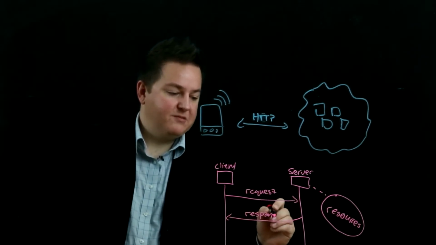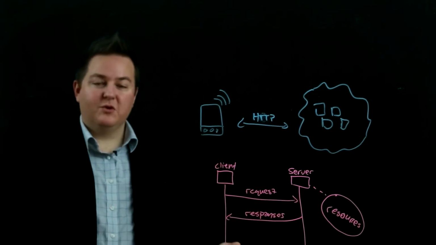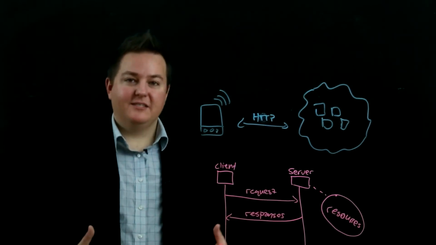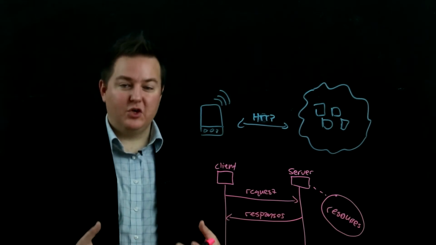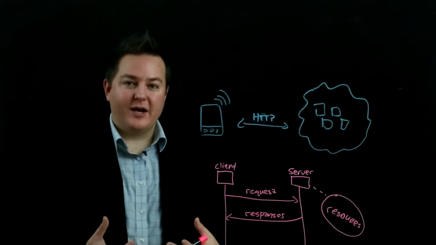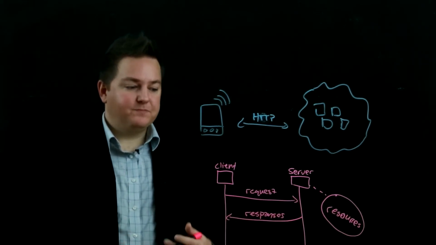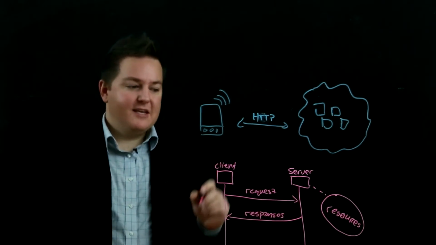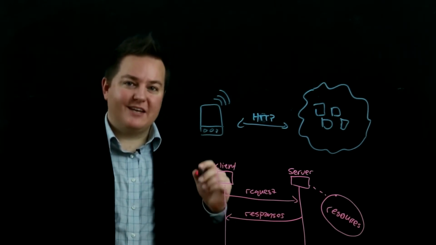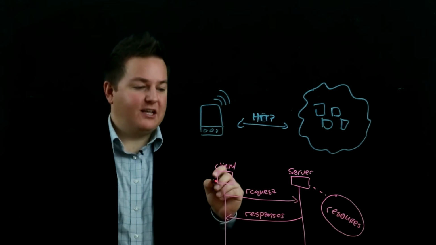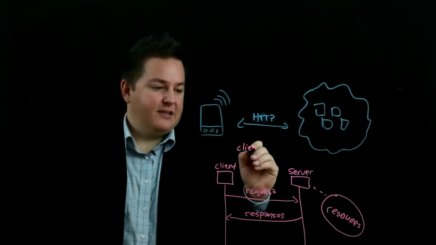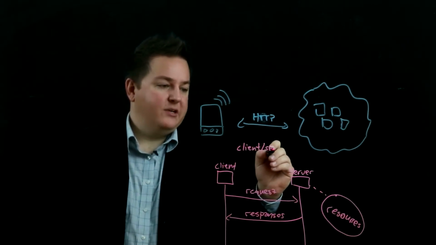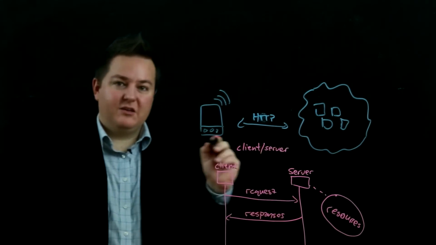And the responses may have the resource that was requested, or it may have a message indicating why the server could or couldn't process the request that the client sent. But fundamentally, the HTTP protocol is an application protocol that is client-server. So the client will always be initiating the communications.